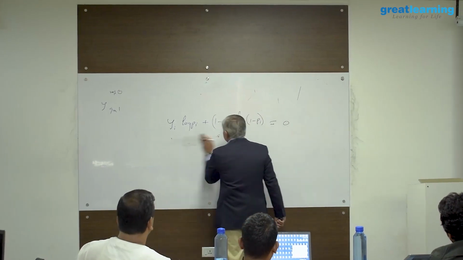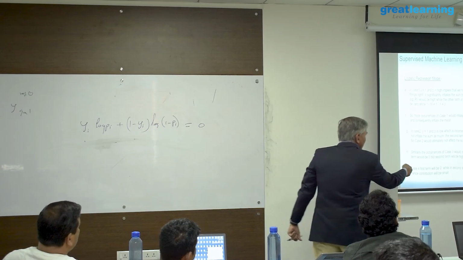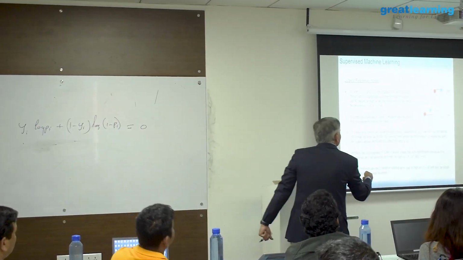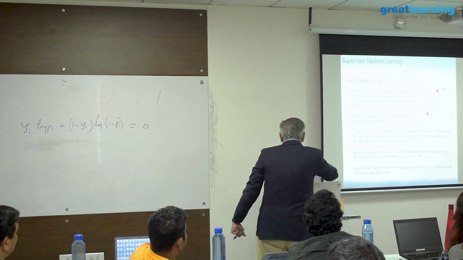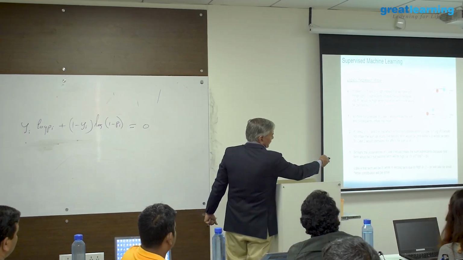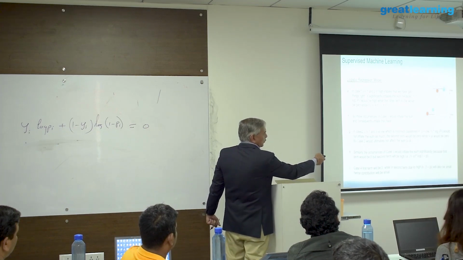Let's take the next case. The next case is this red point. Let's take case number 2, the second case. As per the model, given his income, the probability of him belonging to blue class is very low.